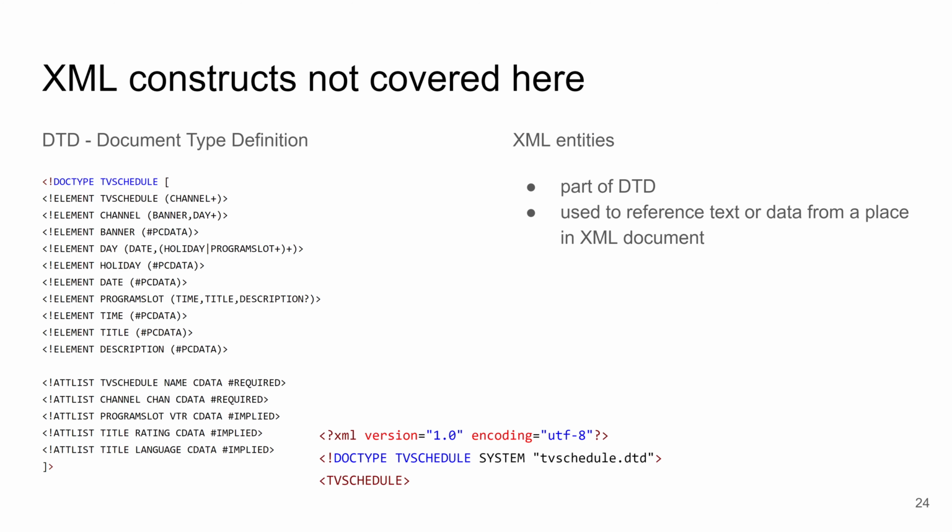And there are some additional constructs of XML which we won't talk about in detail or at all. One of them is DTD, document type definition, which is a kind of XML schema language, which is very simple. It is the first one that was invented for XML, and you can see the example on the left side of the slide.